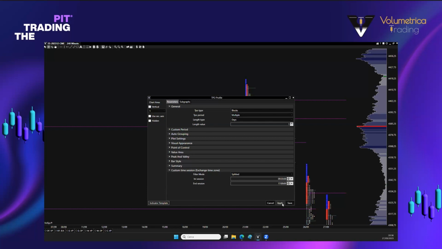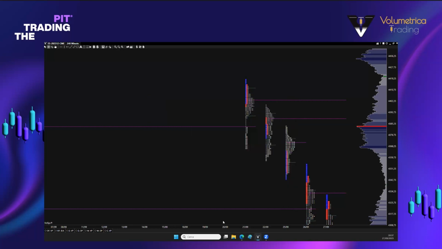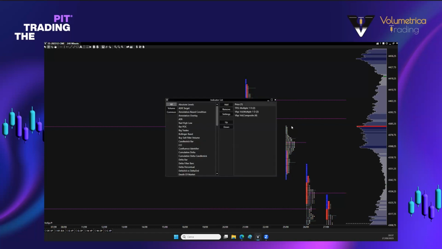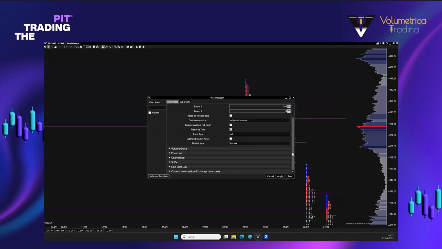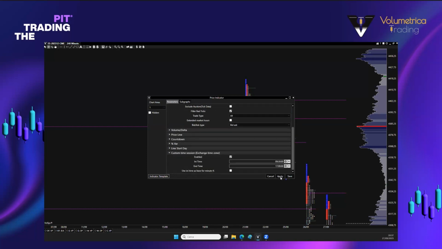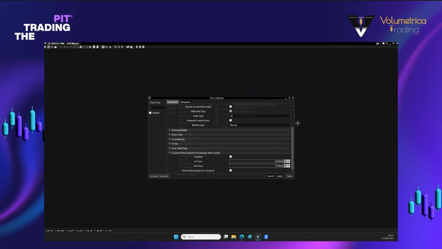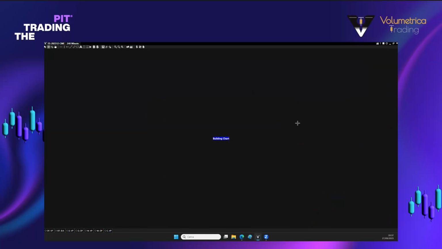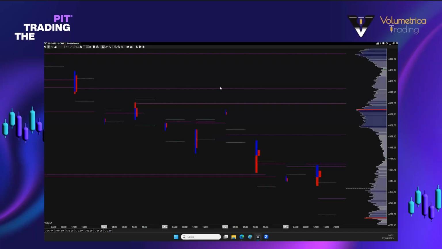So in this case, for each day, I will have 2 sessions. And I need to do another thing though. I have to remove the limit from the price representation as well. So let's just allow a few seconds for the chart to reload. And we will see that for every single day, we will have 2 different TPO profiles.